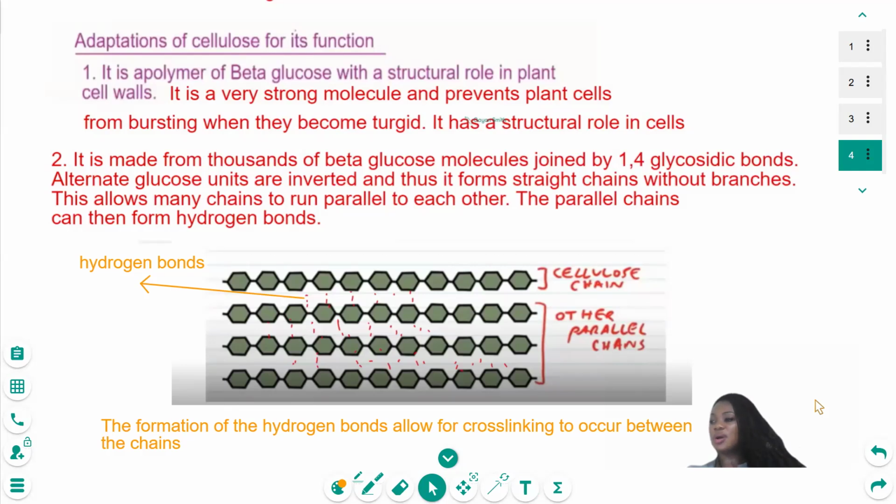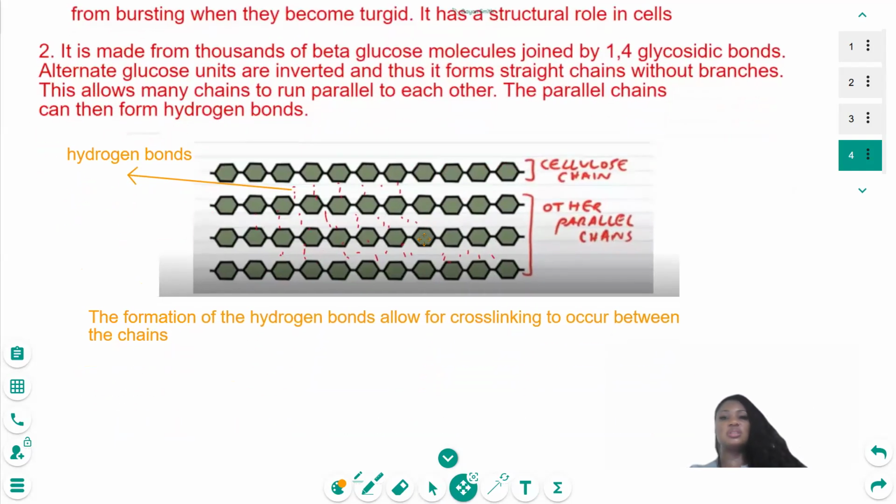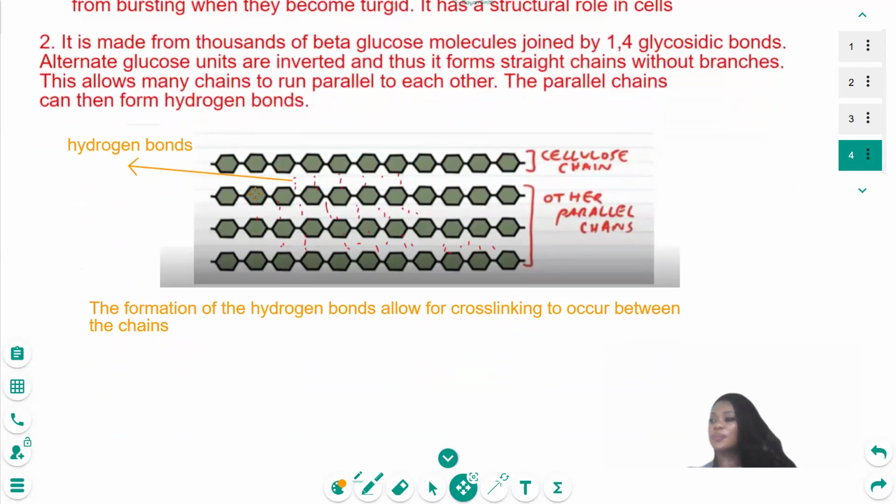We're almost there, guys, almost there. Remember, for this diagram, you don't have to draw everything. You just need to draw a representation of it.